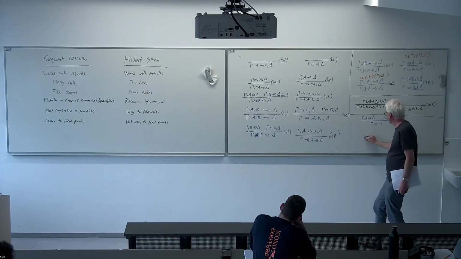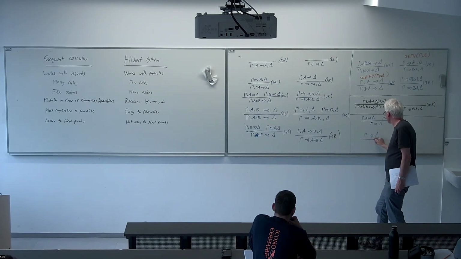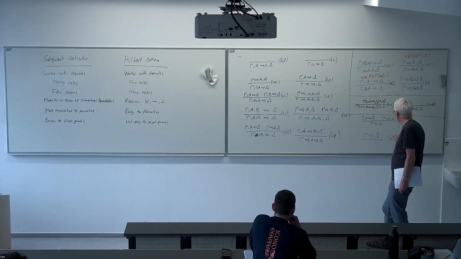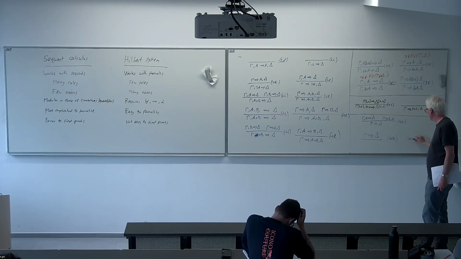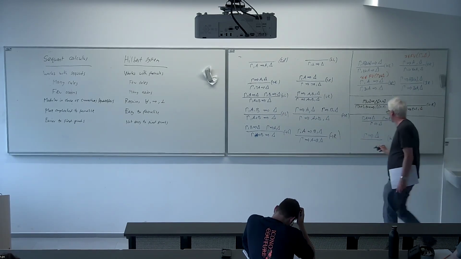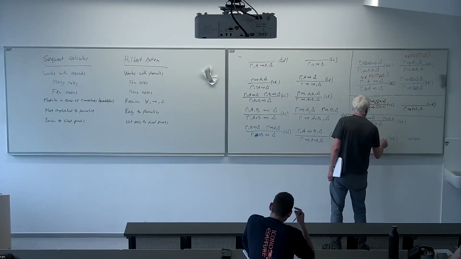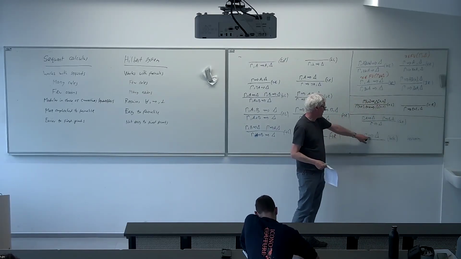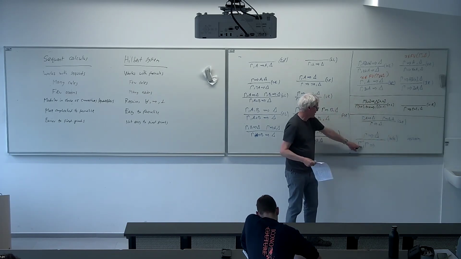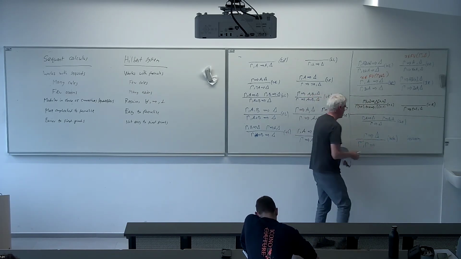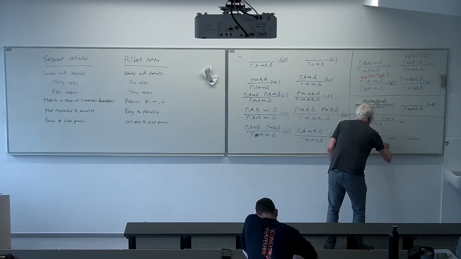And then another rule, which is something useful, is called the weakening rule. I put WK for weakening. And that says, if we've proved this sequent gamma, then we can prove any weaker version of it, where we weaken the left-hand side by adding some more formulas, and we weaken the right-hand side by adding some more formulas to it.